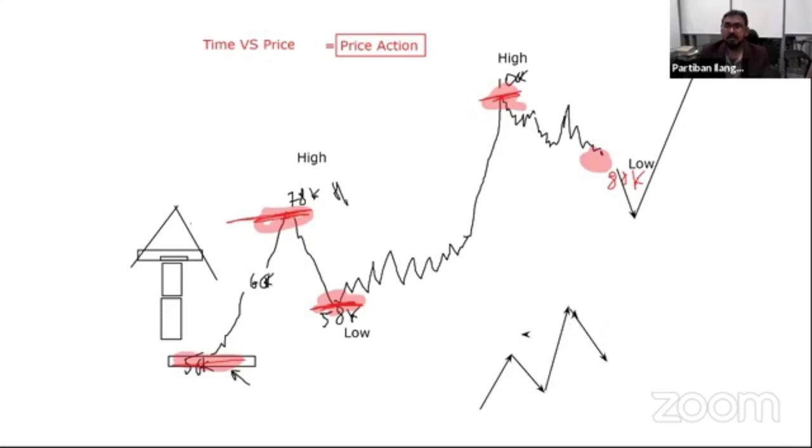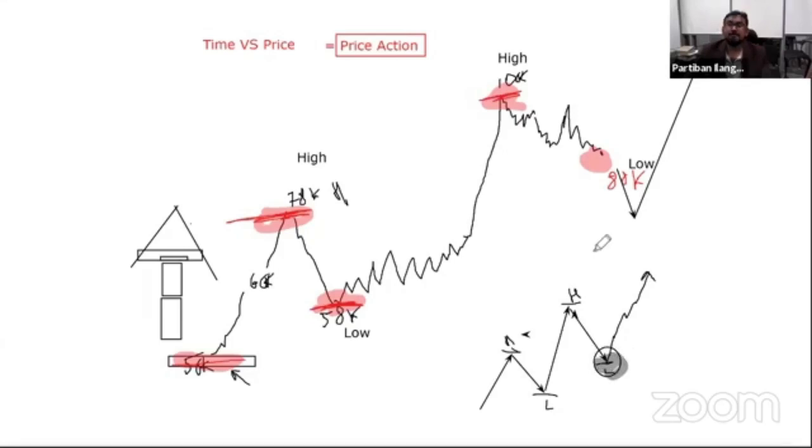When you see a price movement like this, high, low, high, and low, it has almost a 70% chance to go even higher. The price can go higher. So this is how you identify a trend. A lot of traders do this because they know at this area there is more potential for buyers to come in because it's a cheap price. So they will start buying at this area.